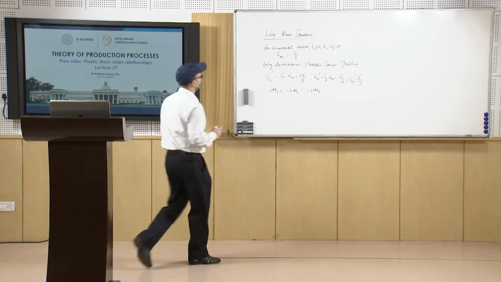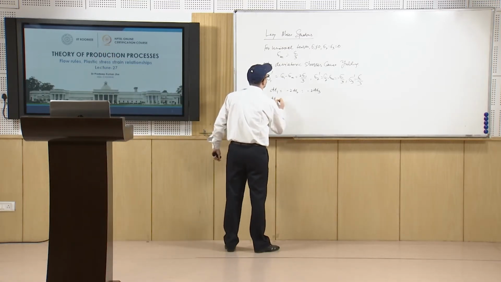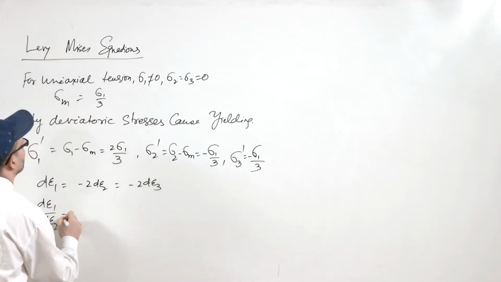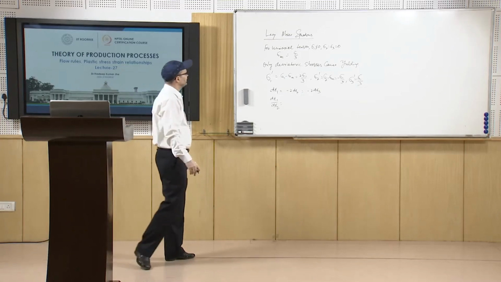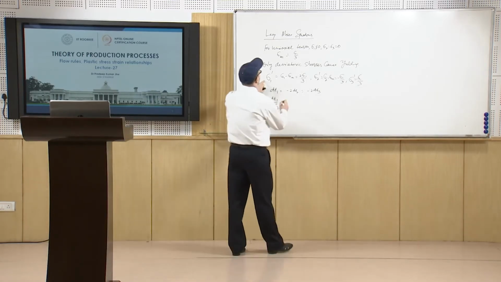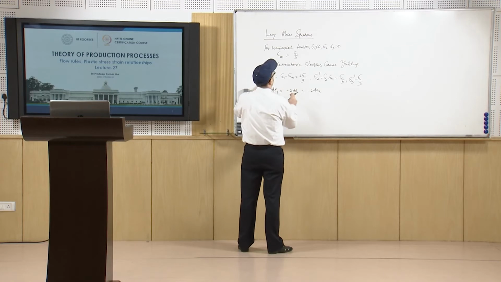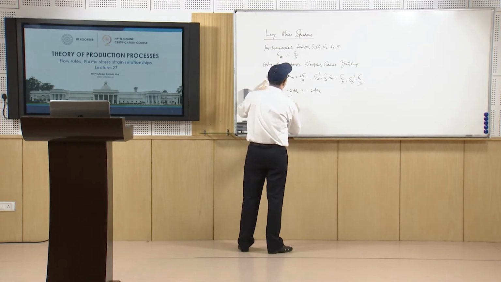So, if you take d epsilon 1 by d epsilon 2, it will be basically minus 2, and it will be nothing but minus sigma 1 prime by sigma 2 prime.